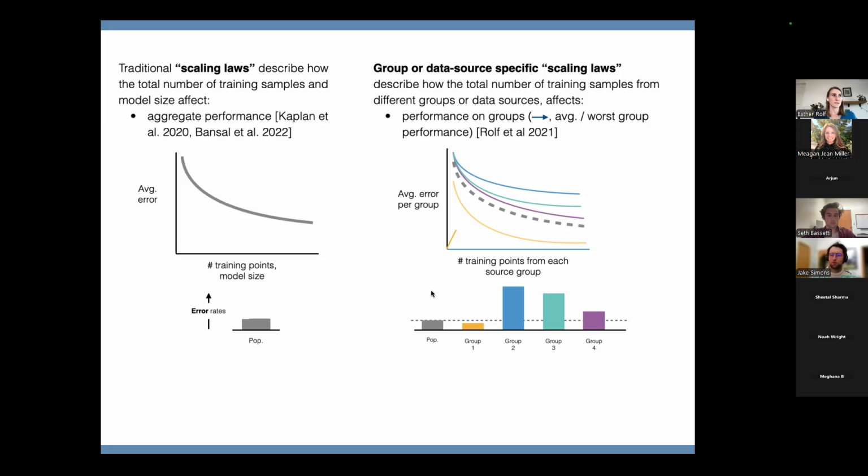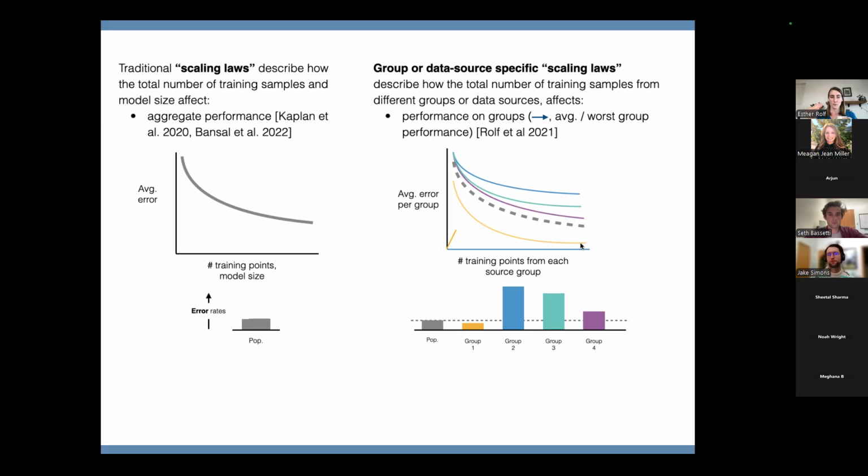But group specific scaling laws give us a more nuanced perspective on that. They say if for the blue group, as I get more training data in aggregate and more training data specifically for the blue group, how does that change performance only on the blue group? And we'll do that for the blue group and the teal group, the purple and the yellow.